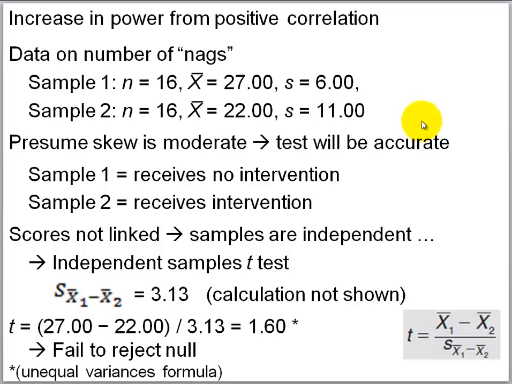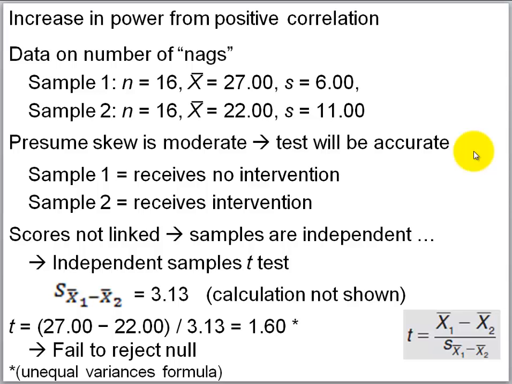So we have n equals 16 people in both groups. The mean is 27 nags in group 1, which means the same thing as sample 1, and 22 nags in group 2. Here are the standard deviations. The standard deviation is 11 in group 2 and 6 in group 1. So the standard deviation is larger in the second group.